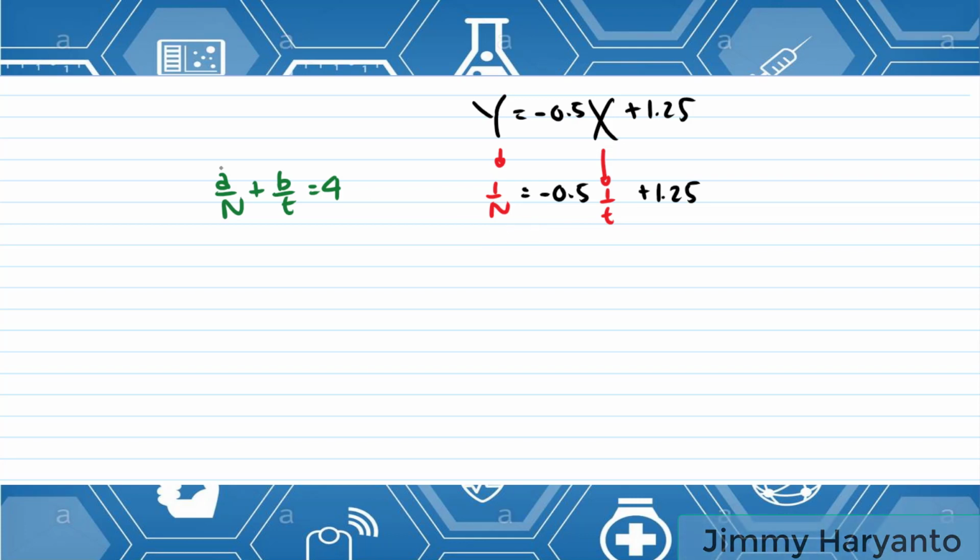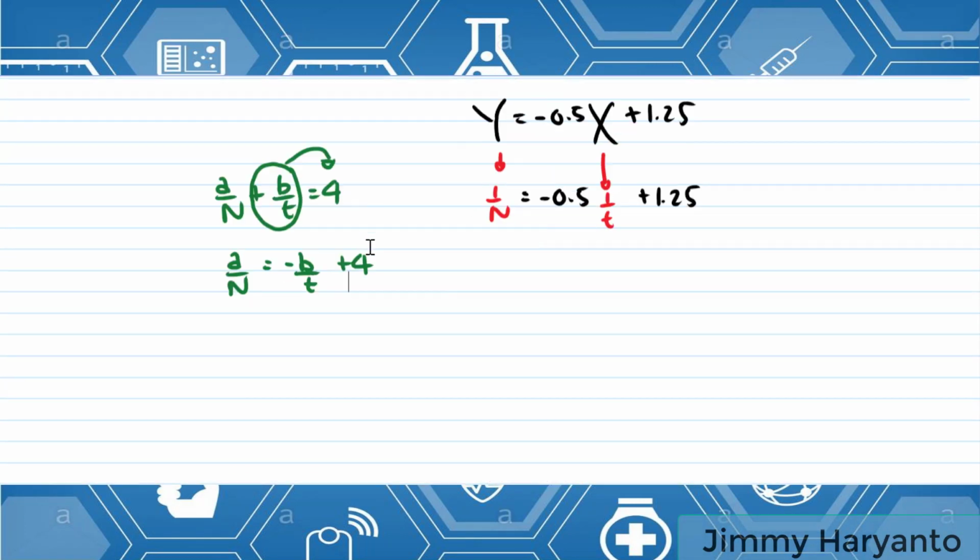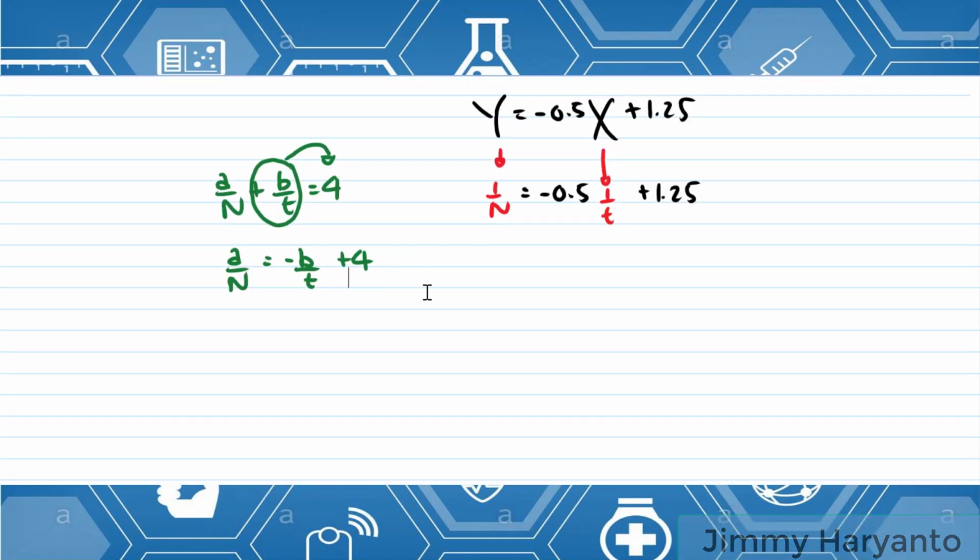Oh yes, it is already similar, but we have to move this b over t to the right side. So a over n equals negative b over t plus 4. Is it plus 4? Oh yes, it's plus 4. So this one is n, yeah.